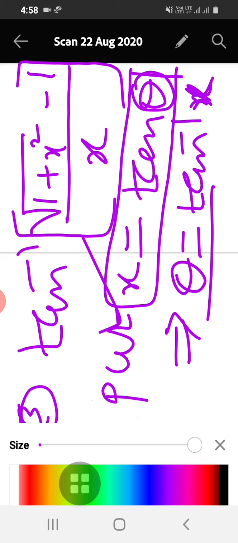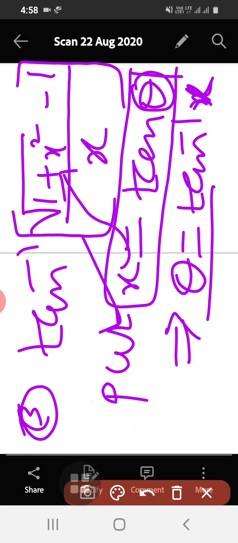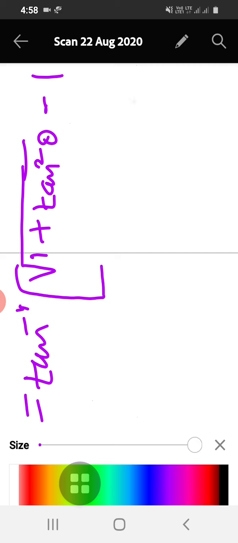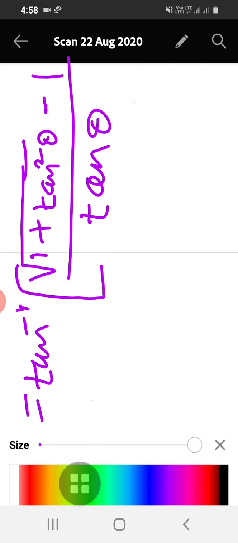Now let us substitute this x in the given expression. That becomes tan inverse of square root of 1 plus x square, where x means tan theta, so tan square theta, minus 1, whole divided by the denominator x, which I can write as tan theta.